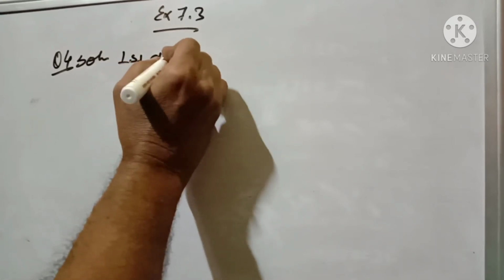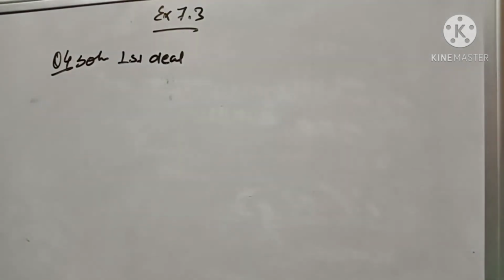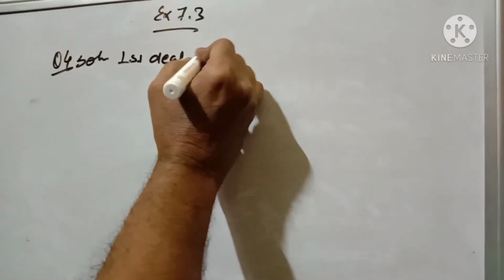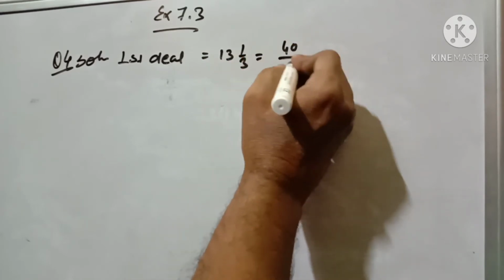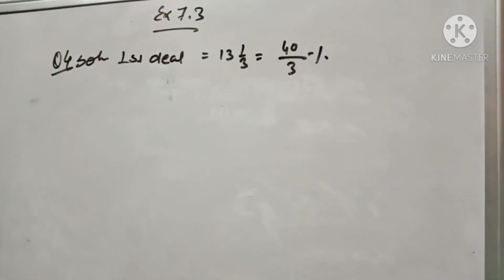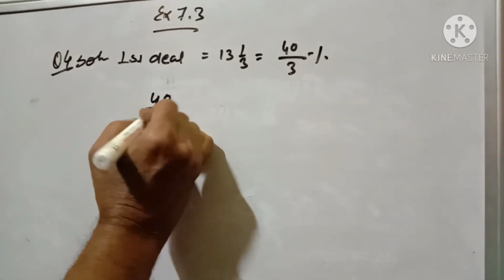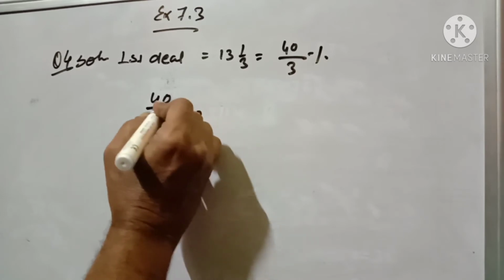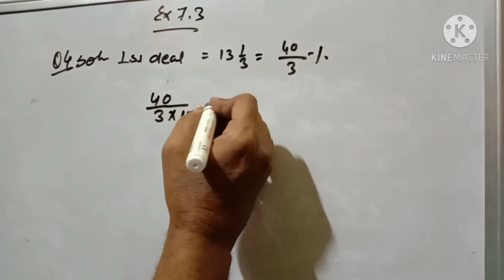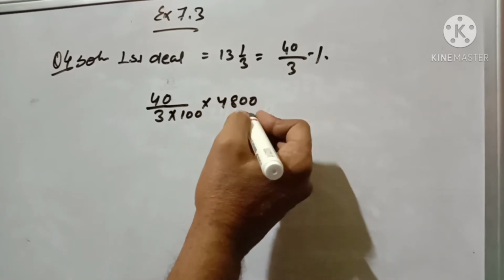In the first deal, I can write 13 whole 1 by 3 means 40 by 3%. So according to the question, I can write 40 by 3, remove the percentage sign, into 100 into the cost of the almirah, 4,800.